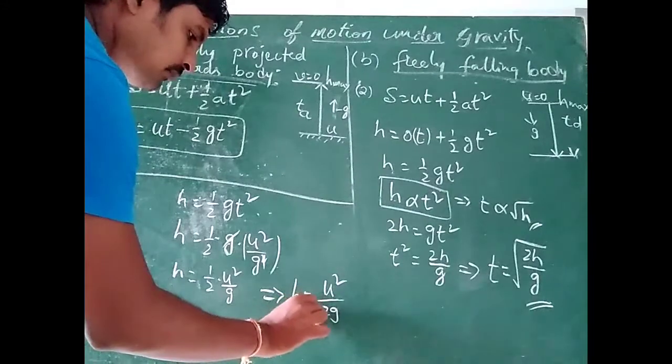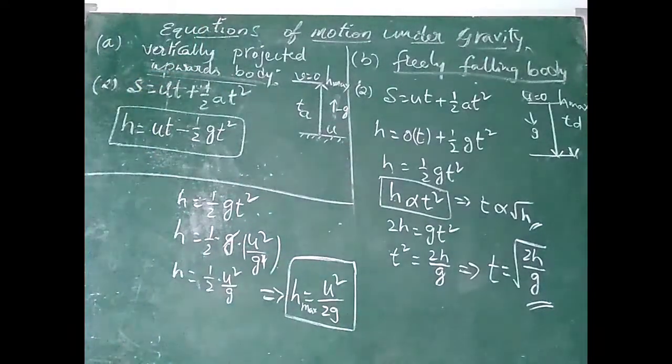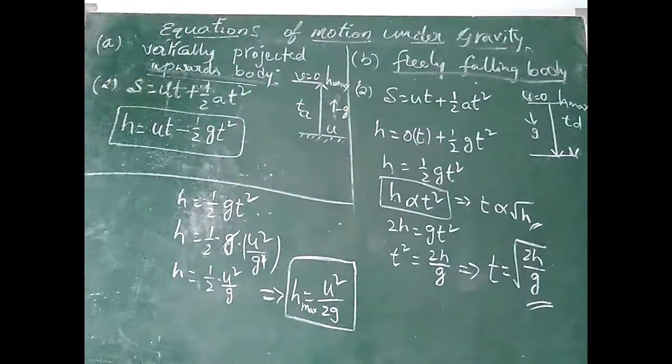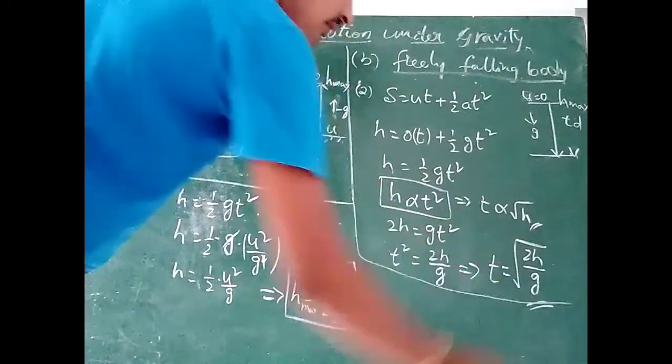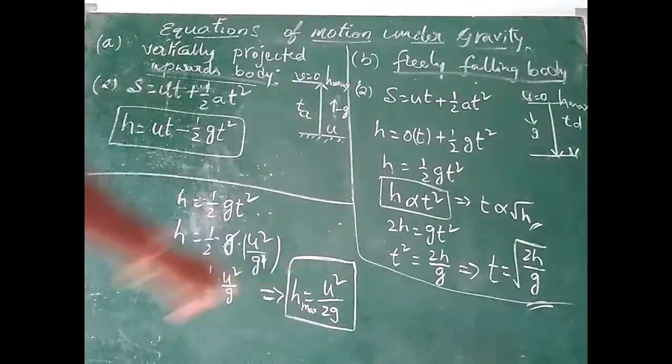Here h is nothing but maximum height. H max is equal to u square by 2g.